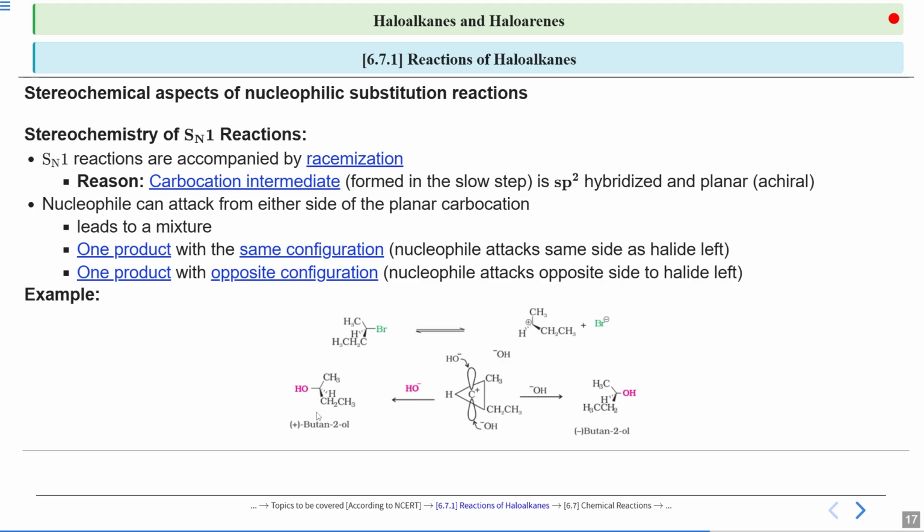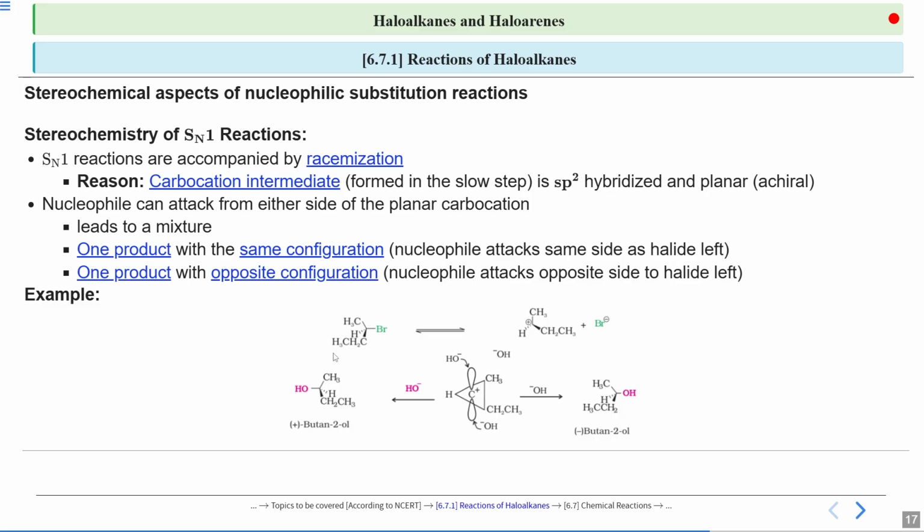In the positive butan-2-ol, you are getting this configuration, which has the inverse configuration from the reactant, because the nucleophile has attacked the opposite side of the carbon from the side where the halogen is leaving. So that's why we get the opposite configuration from the reactant configuration.